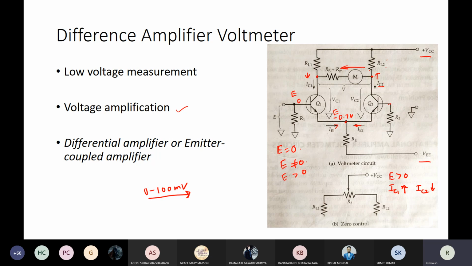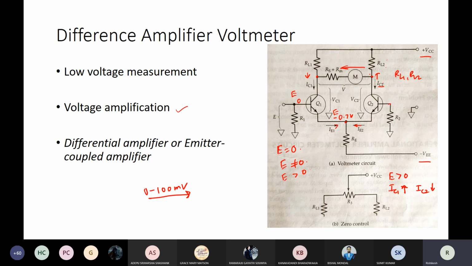RL1 and RL2 are load resistances which are properly chosen so that sufficient potential difference is developed here, and that potential difference is equal to the magnified voltage of E. The voltage magnification occurs due to the load resistances and the connection made at the collector. It will simply follow because it is a linear amplification, so you can easily do the calibration.